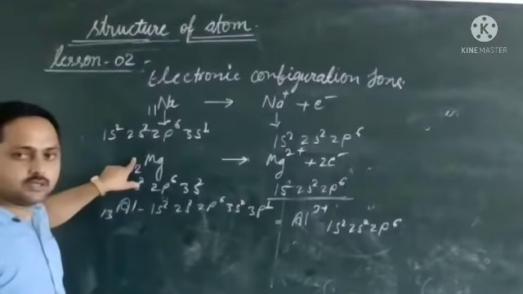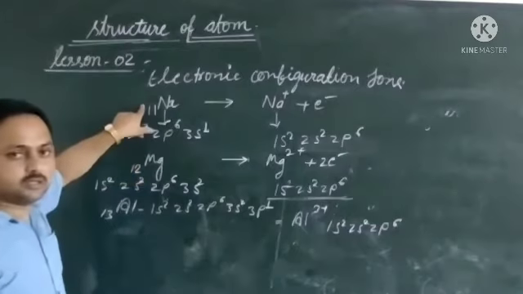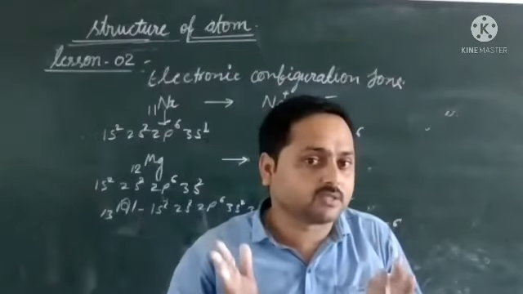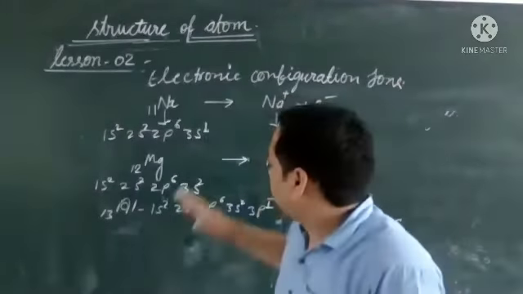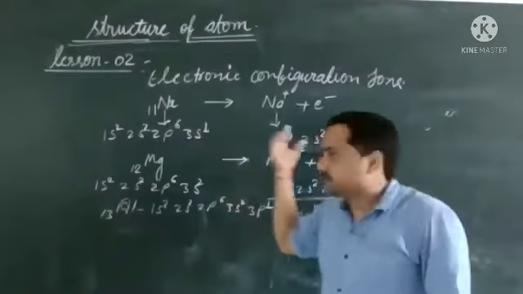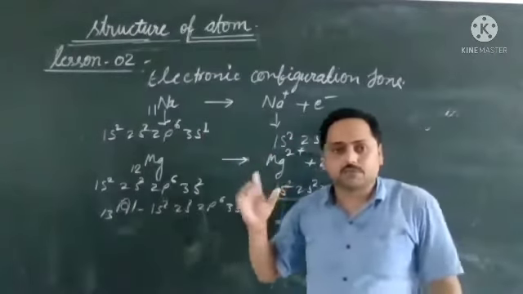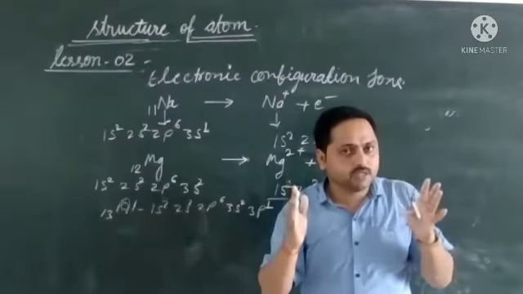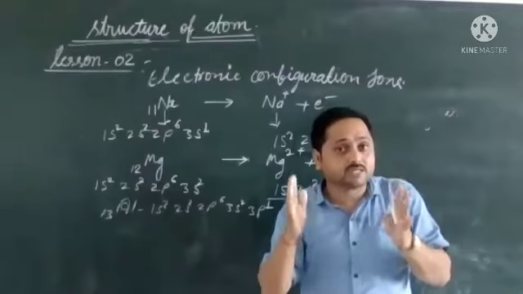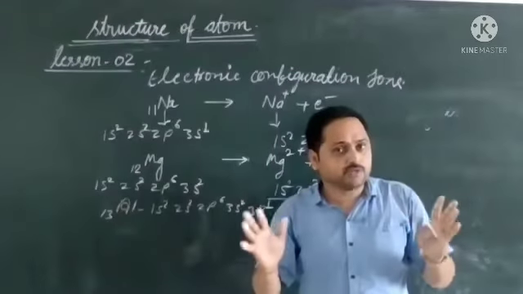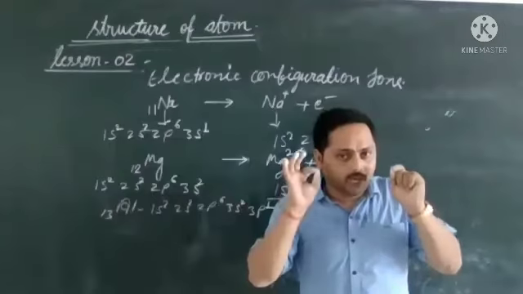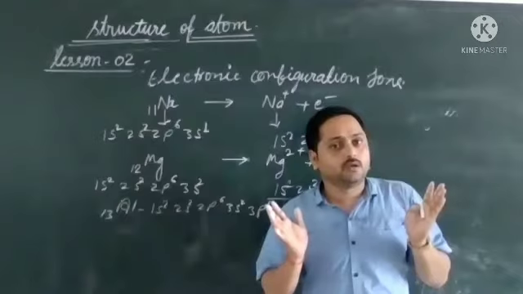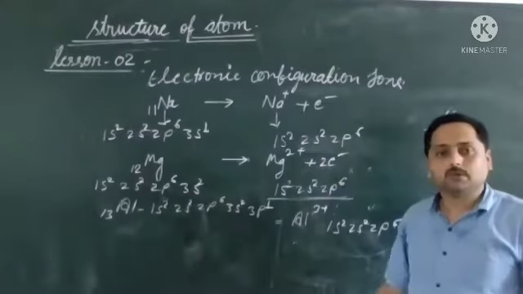What difference have you seen? The difference is that ions and atoms have different numbers of electrons. Ions and atoms have a difference in electrons. So that is what we have to write.